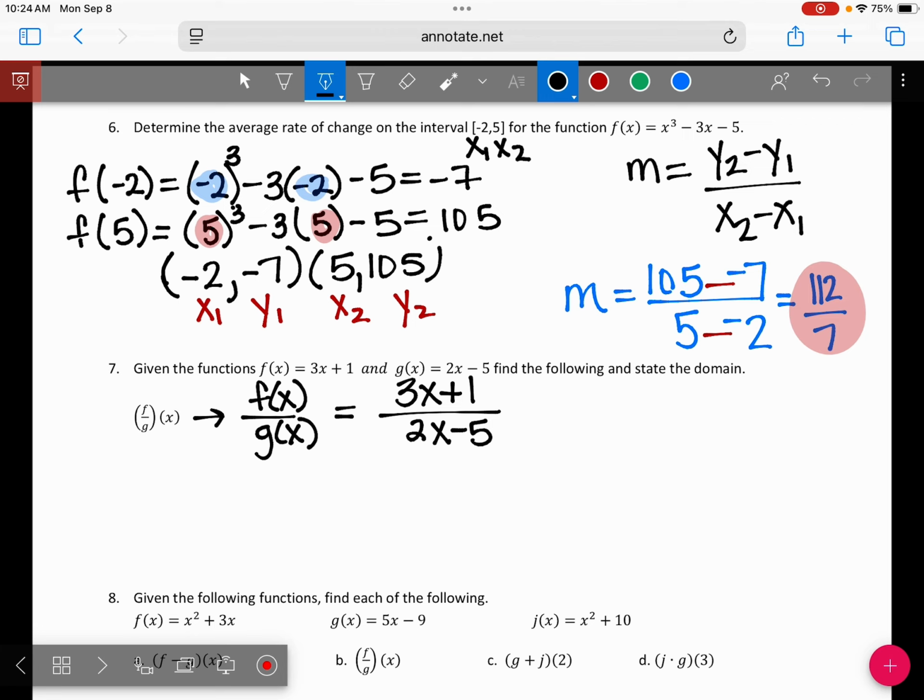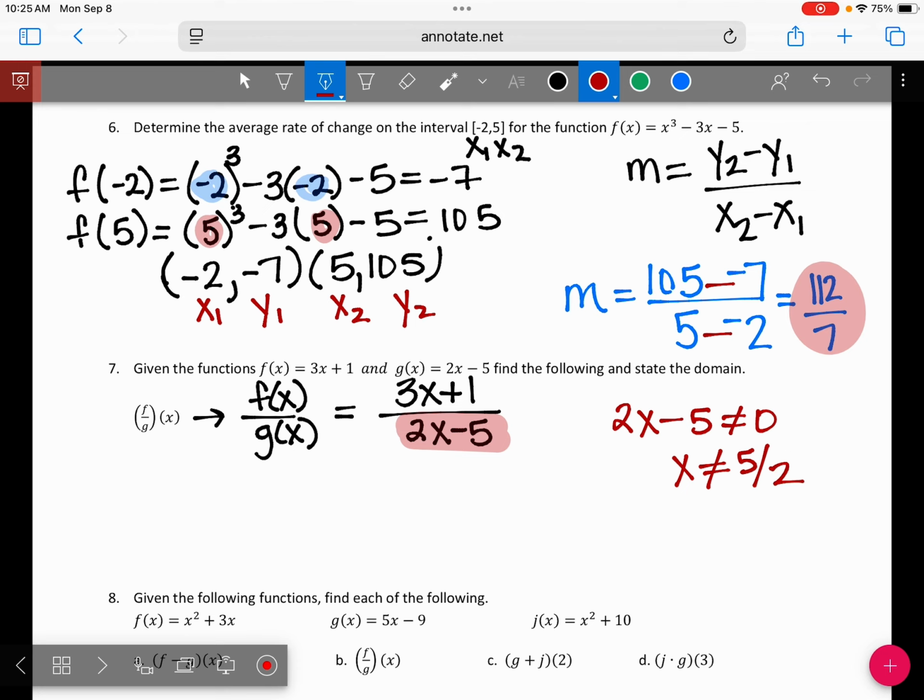Now remember, it is the denominator that controls our domain. Because you can't divide by 0, that tells me that 2x minus 5 cannot be 0. So if 2x minus 5 cannot equal 0, I'm going to do a little bit of mental math: I'm adding 5 and dividing by 2. That means that x cannot be 5 halves.